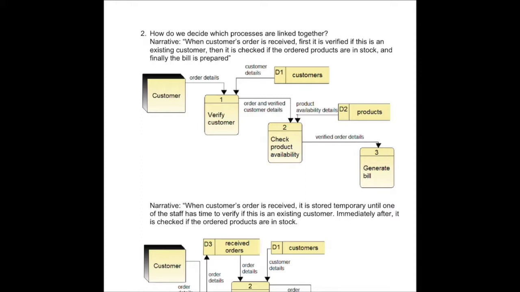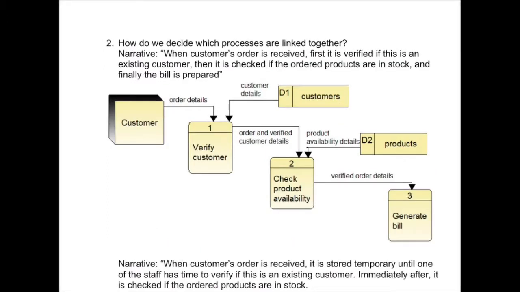Now, second, another question is, how do we decide which processes are linked together? Well, let's read the narrative. When a customer order is received, first it is verified if it is an existing customer, then it is checked if the ordered products are in stock, and finally the bill is prepared.